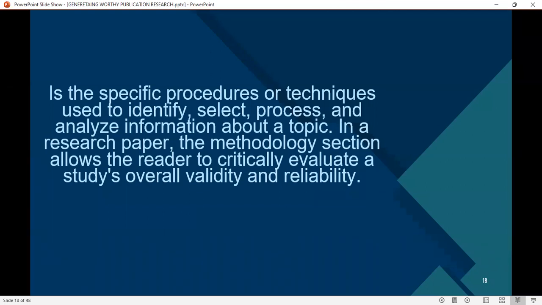This topic helps you identify, select, and process, meaning what are the methods and techniques that you will use in your study. We will also talk about the importance of validity and reliability throughout your study, and that's what we can determine in methodology. Okay, so let's proceed.